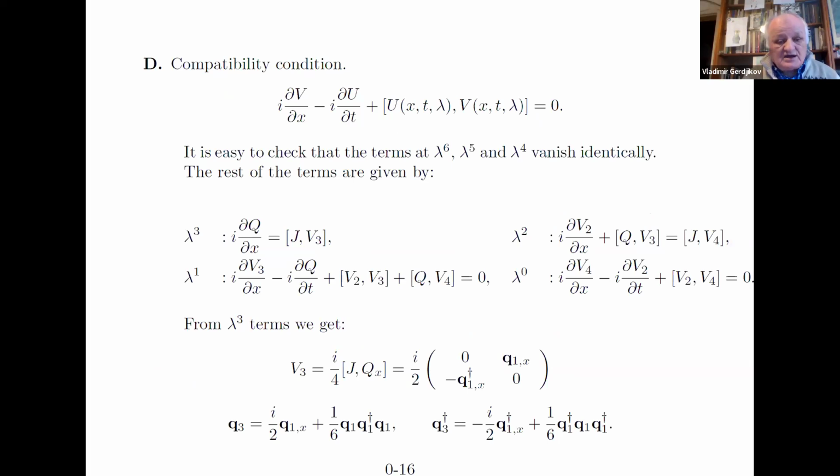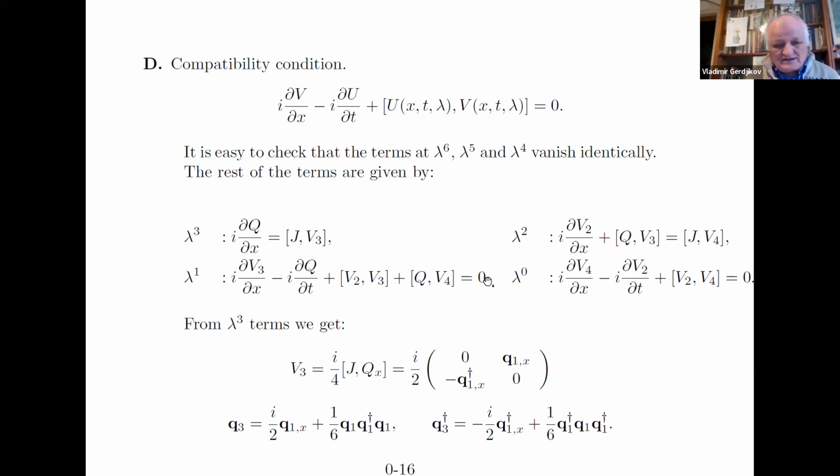Q is actually J multiplied by Q1, and this provides V3. For lambda squared, we have this condition, and from here we can define V4. V4 commutes with J because both are block diagonal. J is sigma 3 and V4 is block diagonal.